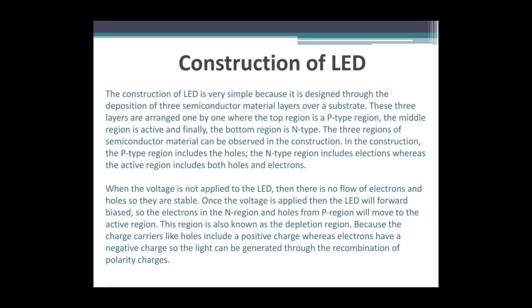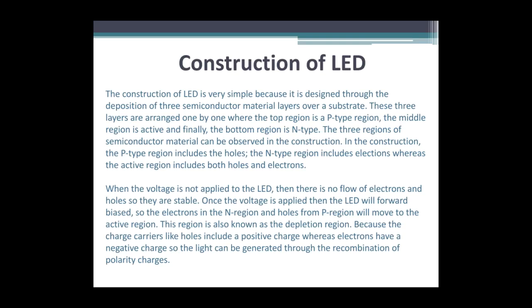Construction of LEDs. The construction of an LED is very simple because it is designed through the deposition of three semiconductor material layers over a substrate. These three layers are arranged one by one, where the top region is the p-type region, the middle region is the active region, and finally the bottom region is the n-type region.